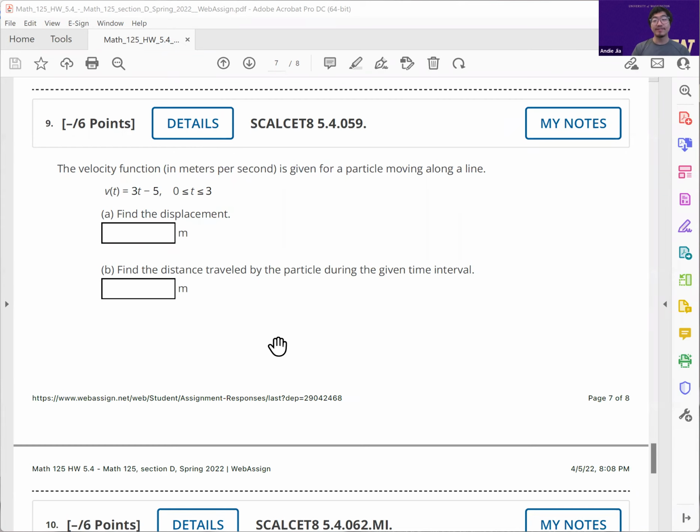And now, total displacement is how far you are from your starting point in a fixed amount of time. So just evaluate this definite integral. If the displacement is negative, you're moving away, or moving west, from the origin or starting point.